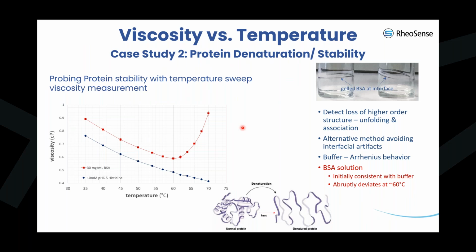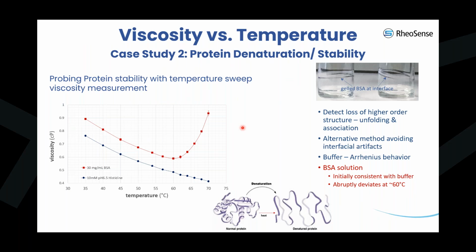But with protein formulation, the story is different. In this case, we measured viscosity for two samples as temperature increased. One was a 30 mg per mL BSA, bovine serum albumin solution. The other was just the buffer alone.